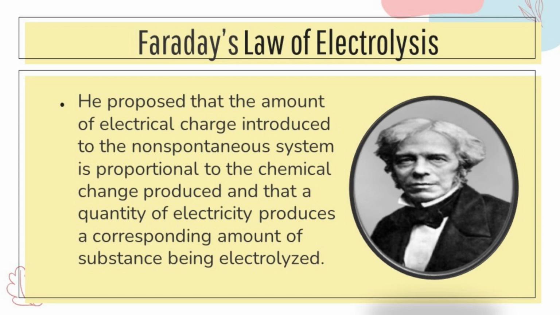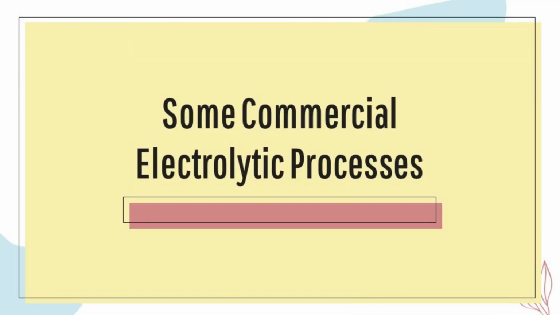Okay, so next naman, we have here some commercial electrolytic processes. Okay, so before we differentiate two common types of commercial electrolytic processes, namely electrorefining and electroplating, let's define first what is an electrolytic process.